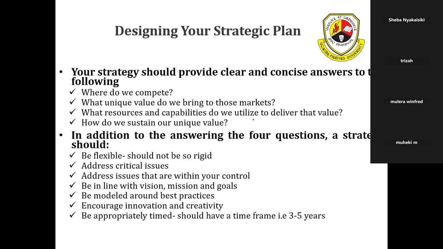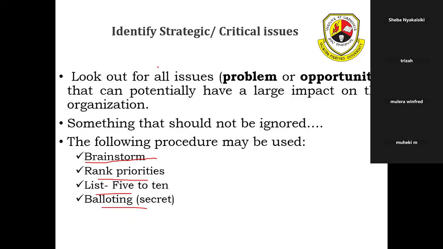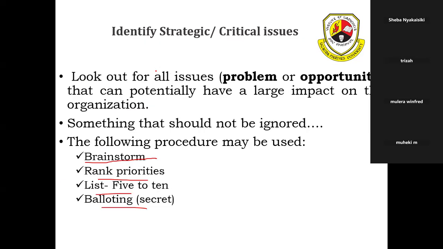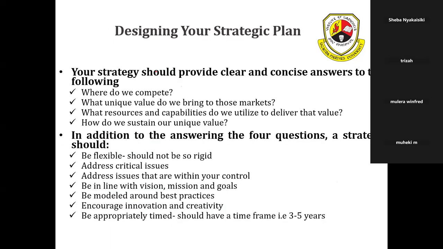So now your strategic plan is a response to this analysis that you've carried out. The situational analysis, the external competitive analysis, the problem areas that you'd have identified from this analysis, you then begin to formulate your strategy.